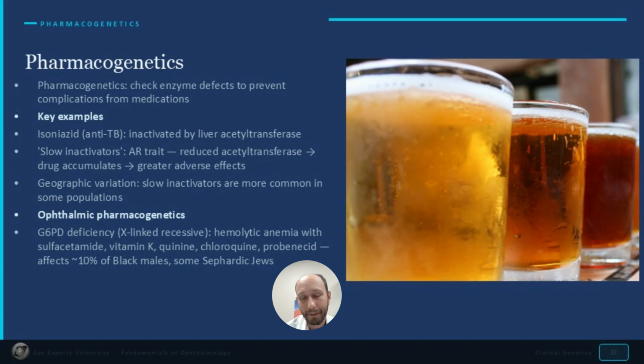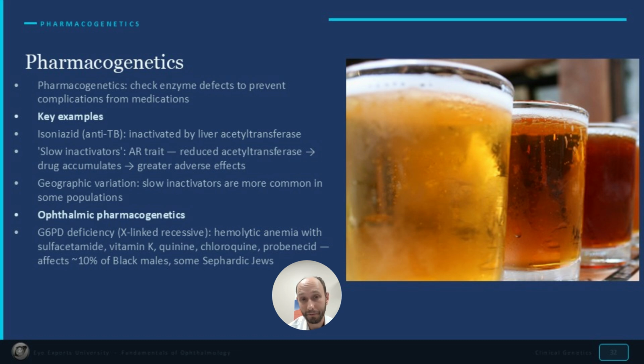Let's talk about some special topics of genetics now. There's something called pharmacogenetics. It turns out that we're familiar with genes that cause diseases, but we also have genes for enzymes that metabolize drugs, and we have drugs that target enzymes. So our genetics is important to how we respond to certain medications. As an example, isoniazid is inactivated by liver acetyltransferase.